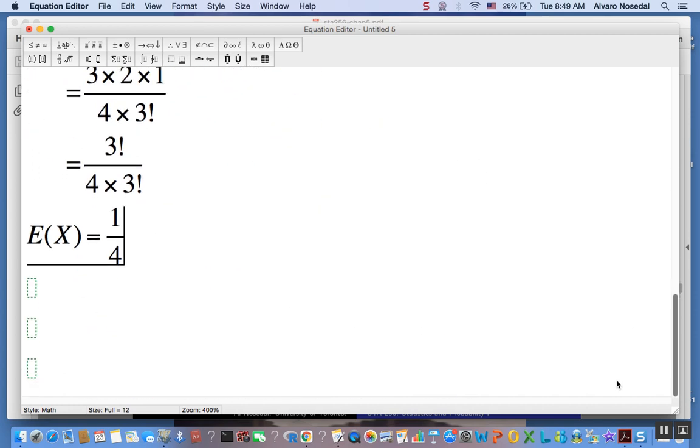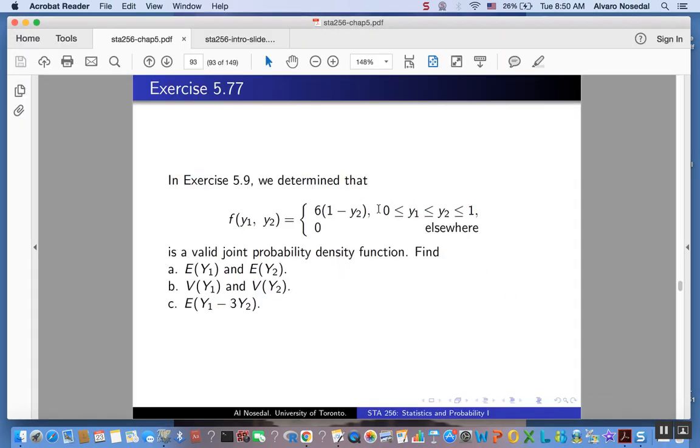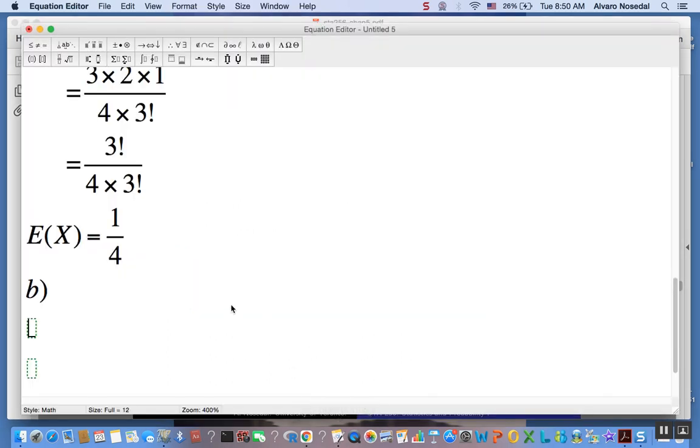Now let's try and do part B. For part B, what we want is to find the variance of x and the variance of y. So let's talk about the variance of x here in detail.